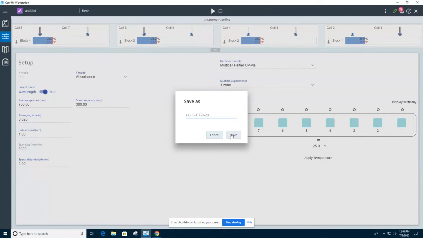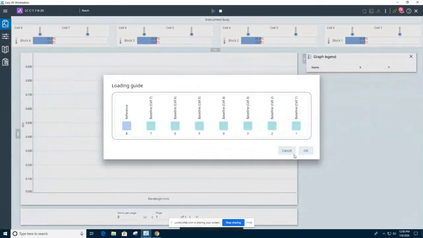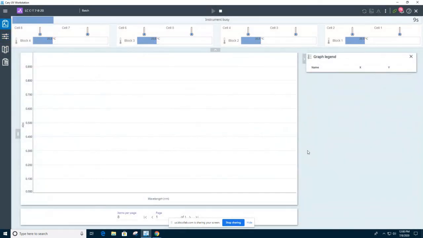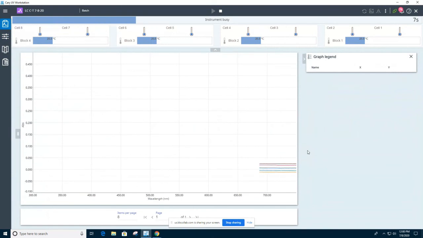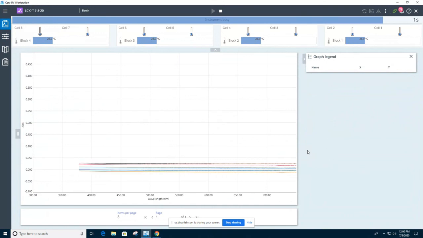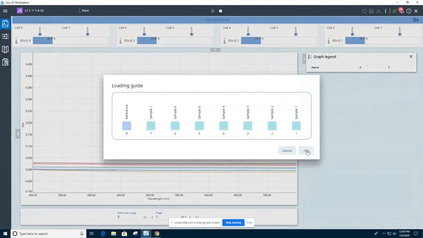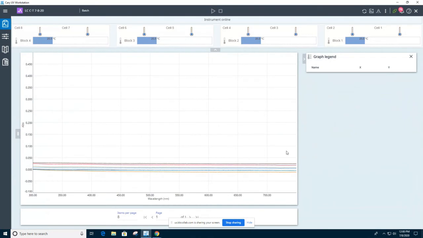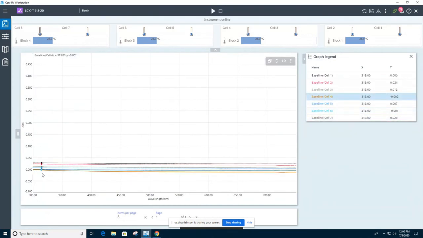And okay, as soon as I do that, when I hit OK, which I just did, now it's running that baseline, because now I have cyclohexane in every one of those cells, and each of those is leading to one of those lines. And of course, what the instrument wants me to do now is hit the OK button here. So in other words, it wants me to put my samples in next at 25 and then hit OK, and it'll run the samples. But I'm not going to do that.